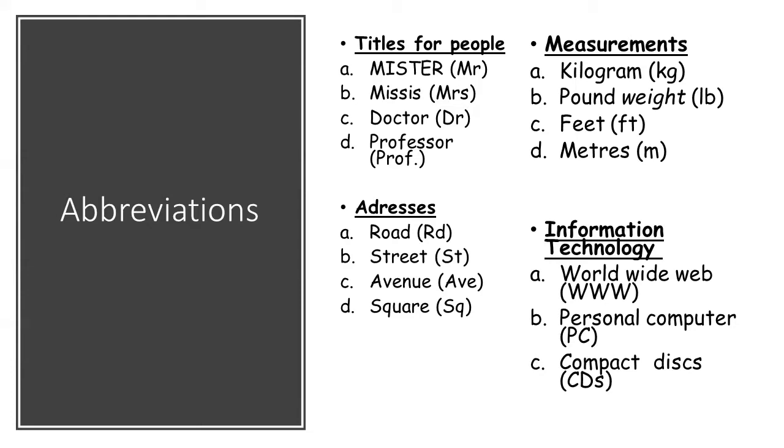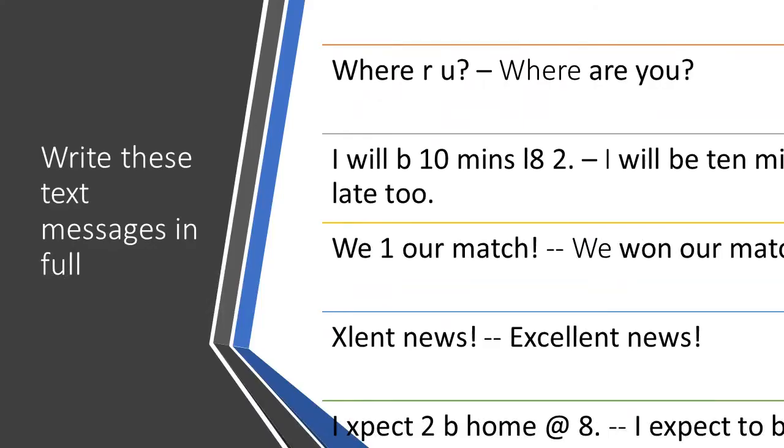Exercise number 5 is to write these text messages in full. This is a very interesting exercise. You are given text messages and you have to read them first. Try to read them and then write them in full English. Where are you? This is the language that we use in text messaging.